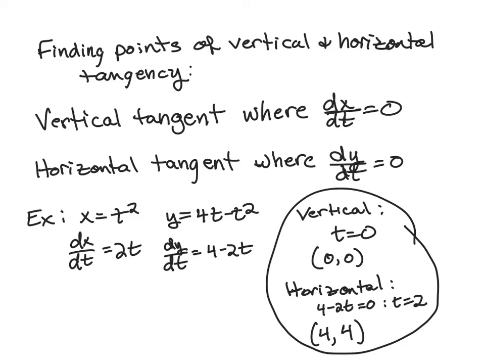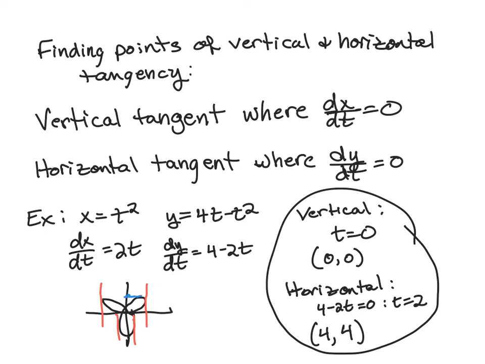If you've got some crazy thing like that, vertical tangents will be where dy/dt is equal to 0.